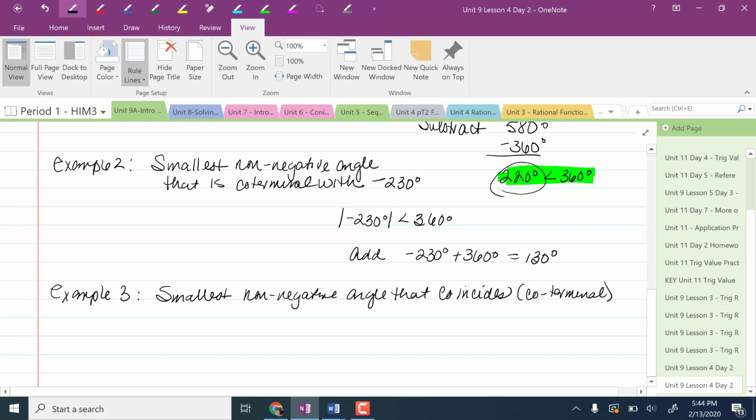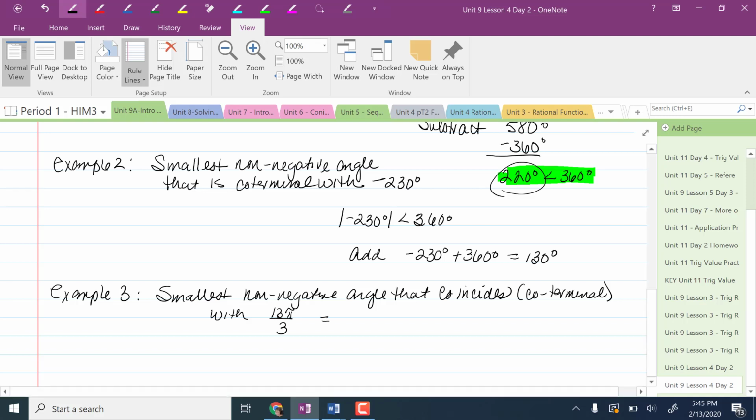Coincides is a vocabulary word we had when we were solving systems of equations and we would get an infinite number of solutions. That's because the two lines that we graphed are really the same line. And we said those lines coincide. And this time we want to coincide with an angle that measures 13/3 of a pi.